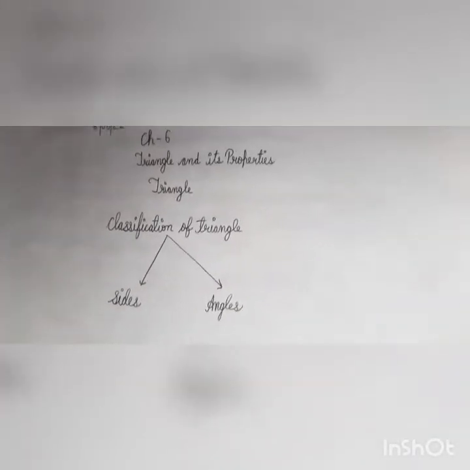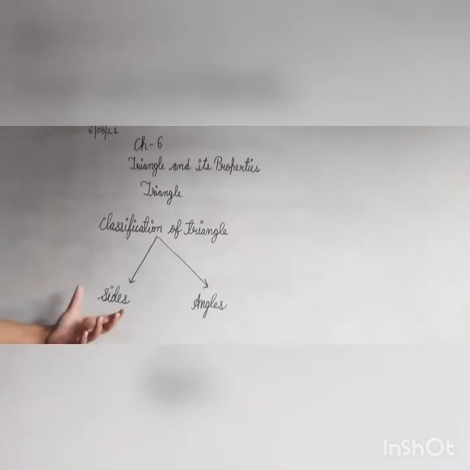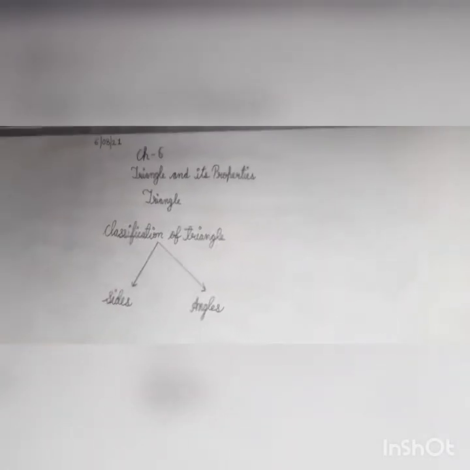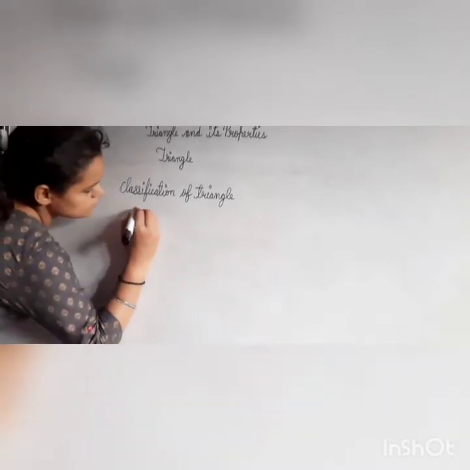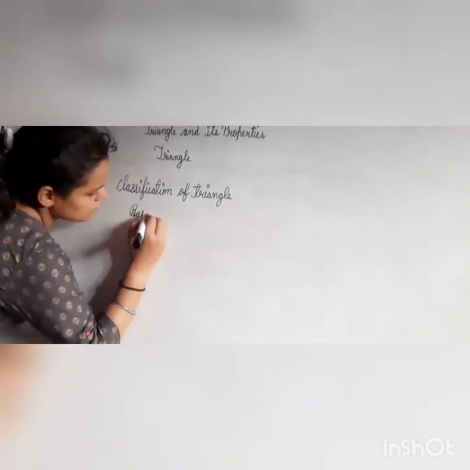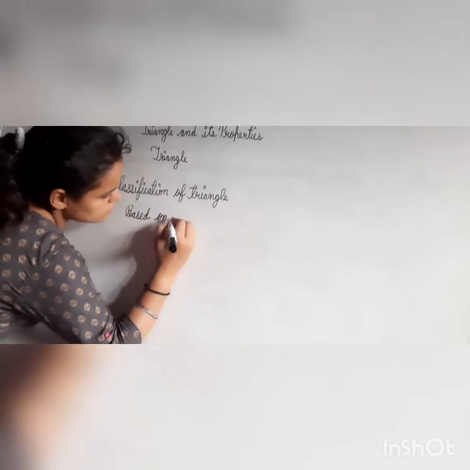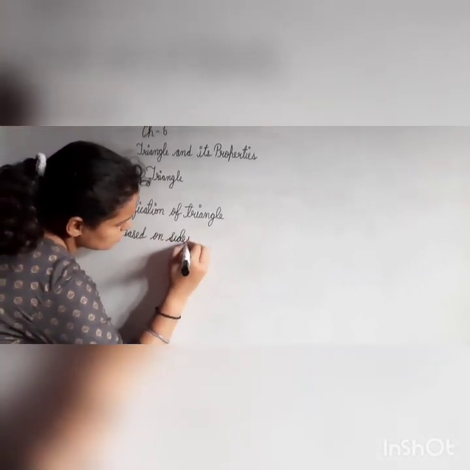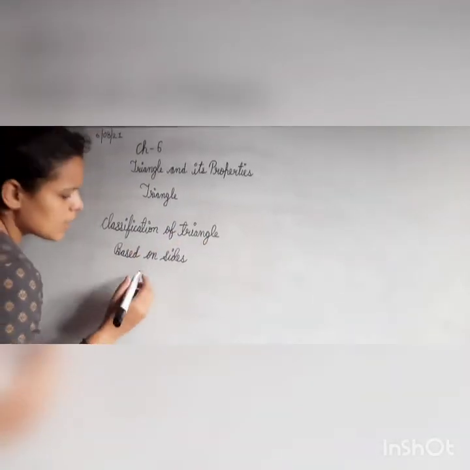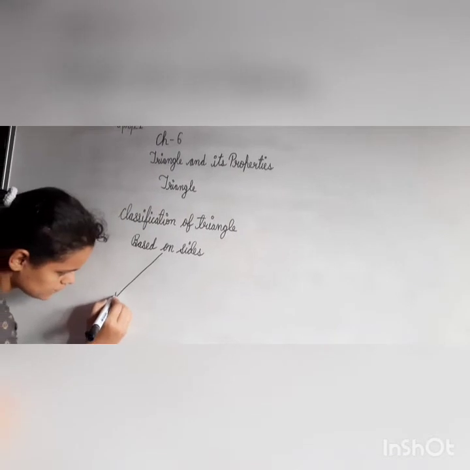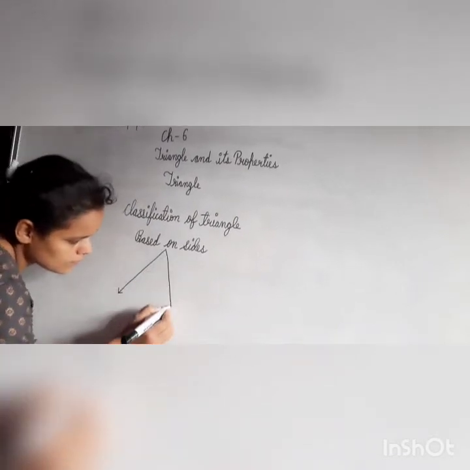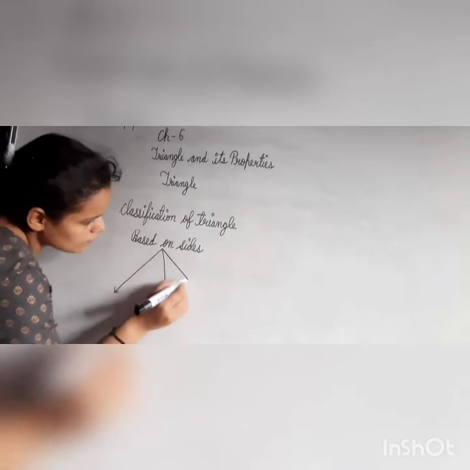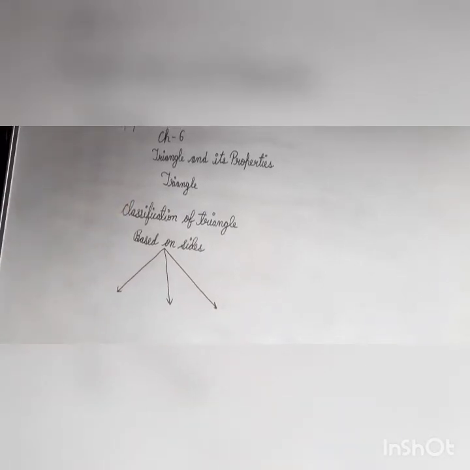Now we will discuss first the sides. Okay, first is based on sides. We can classify triangles on the basis of sides in 3 ways. First is scalene triangle.